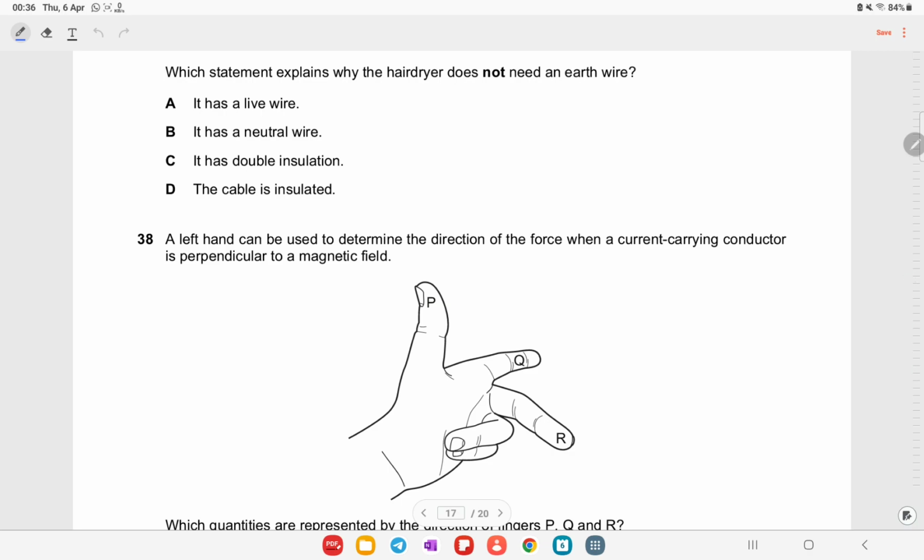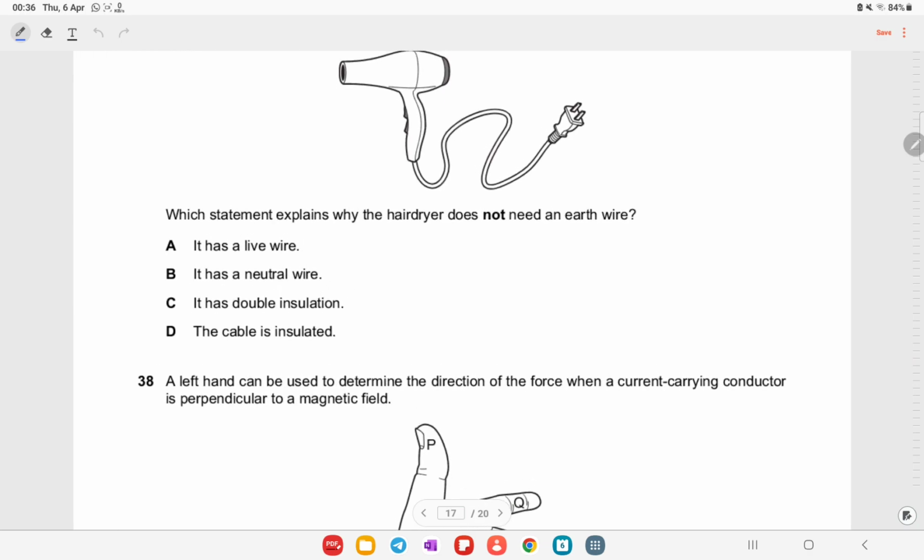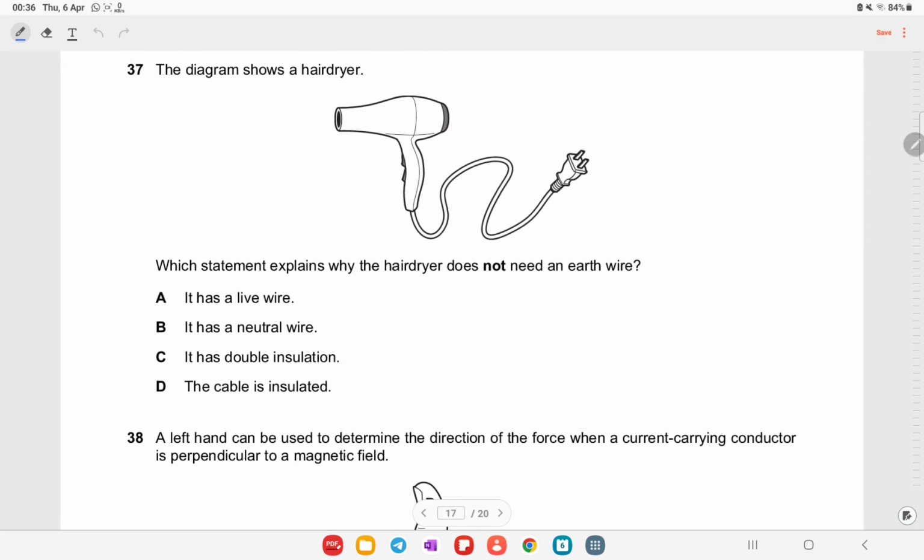Okay, now moving to the next question, and it states that the diagram shows a hair dryer. Which statement explains why the hair dryer does not need an electric earth wire? It has a live wire. Now it has a neutral wire. Makes sense. It has double insulation. The cable is insulated.